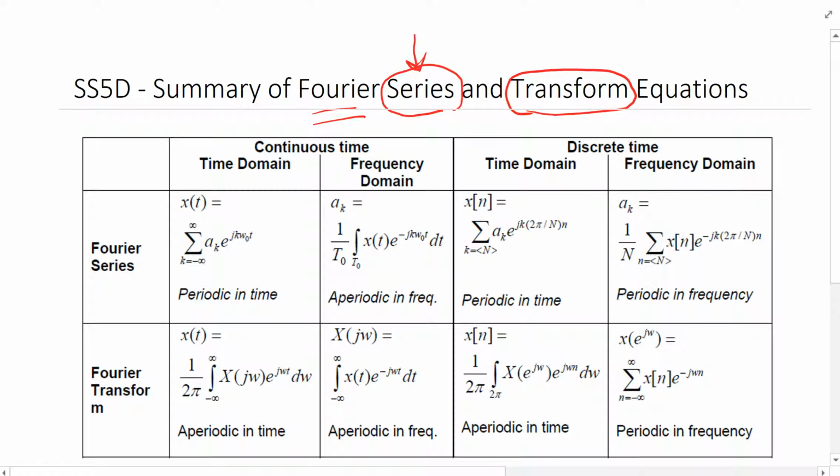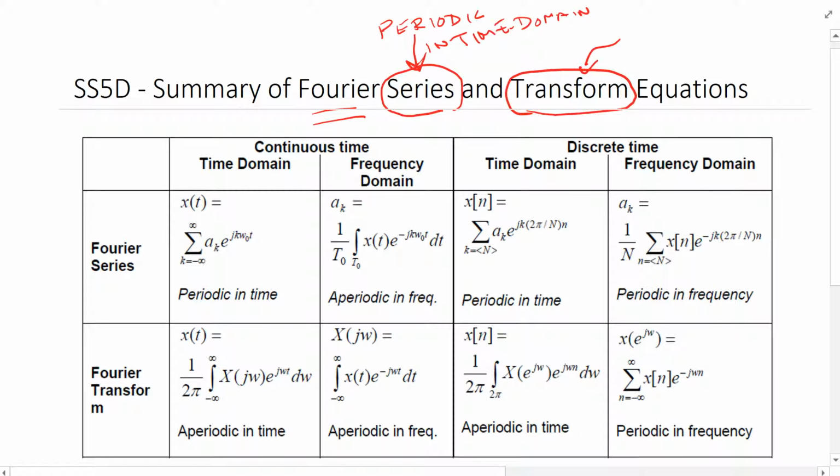Another way to think about it: Fourier series is always periodic in time domain. So the signal has to be periodic in time domain to have a Fourier series. Fourier transform, on the other hand, is more general.